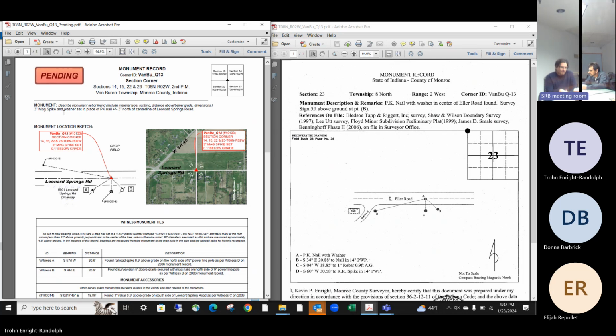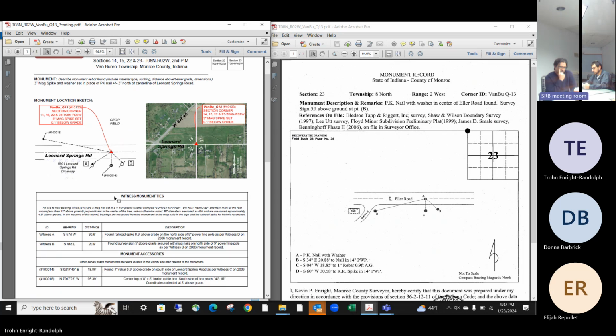As it states right there in the monument description, 3-inch mag nail, spike and washer set in place of PK nail. As also indicated, witnesses A, B, and number 1030-14 were all from the 2006 monument that I have on the screen.